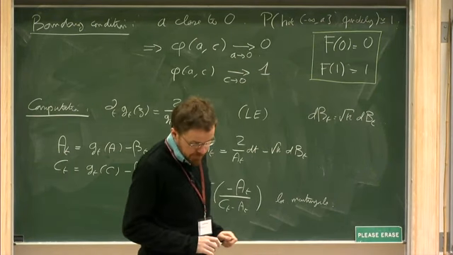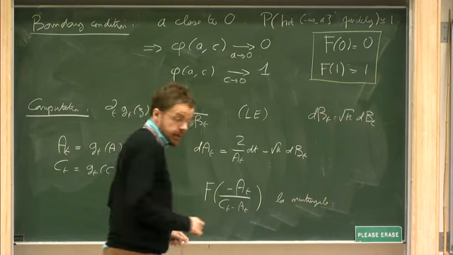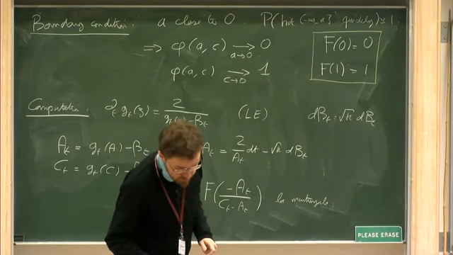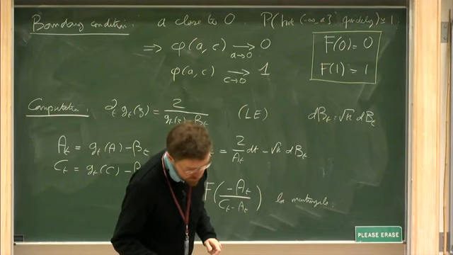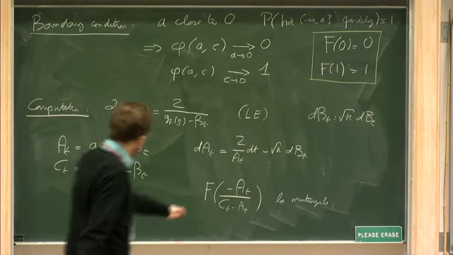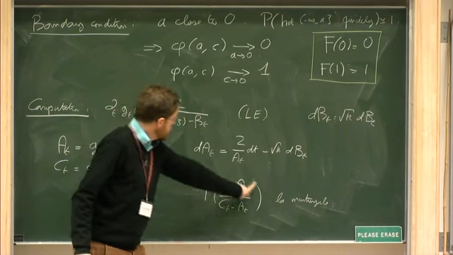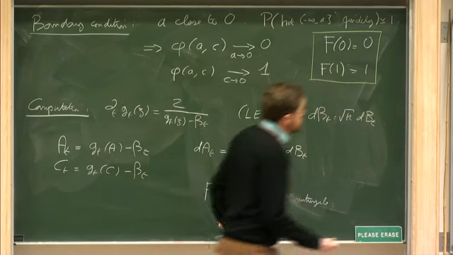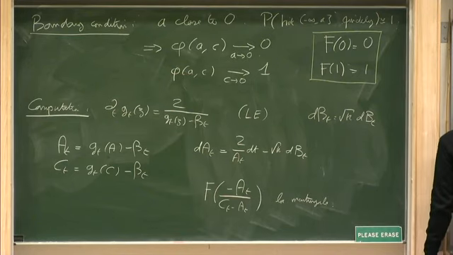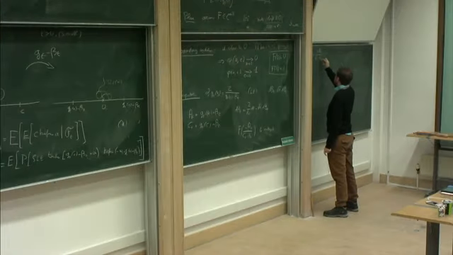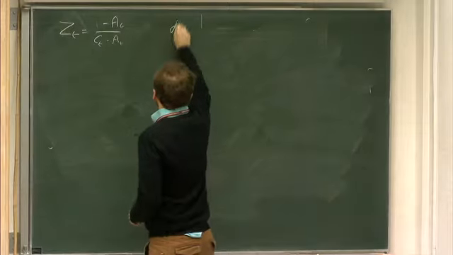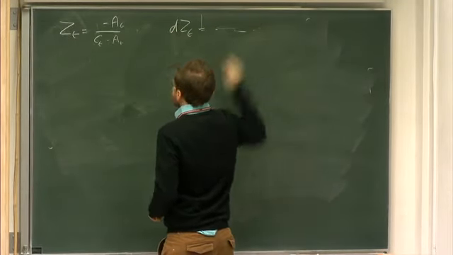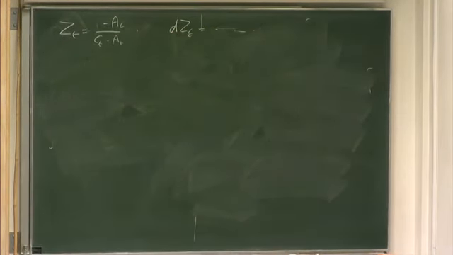So the first natural step is to look at this process here and look at the increment. So if Z_t is minus A_t over C_t minus A_t, then you can compute dZ_t. And this is just a rational fraction, so it's not so difficult.